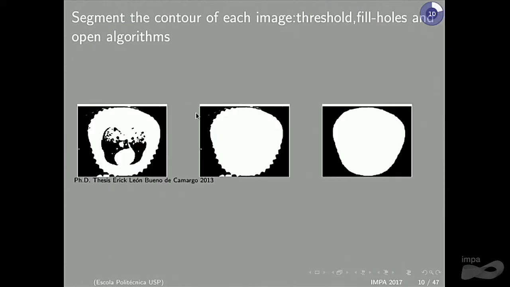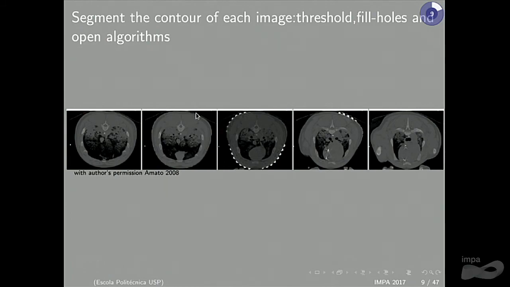And so we used 360 CT scans. We segmented all of those images, and we computed in this model.